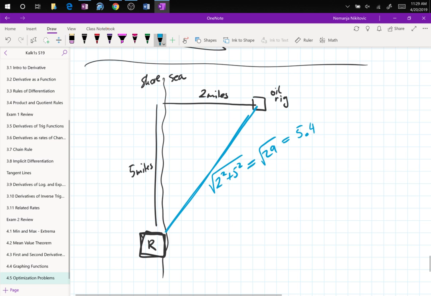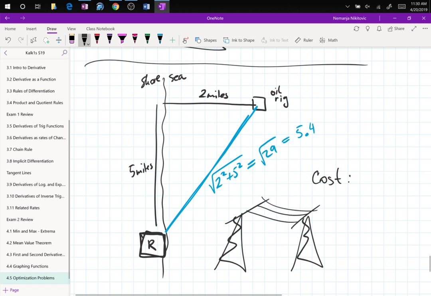Now, what is the cost? So we make up numbers. If you know the power lines, you know they stretch 5 wires in between. If you go and count, you will see 5 wires in between any 2 towers.